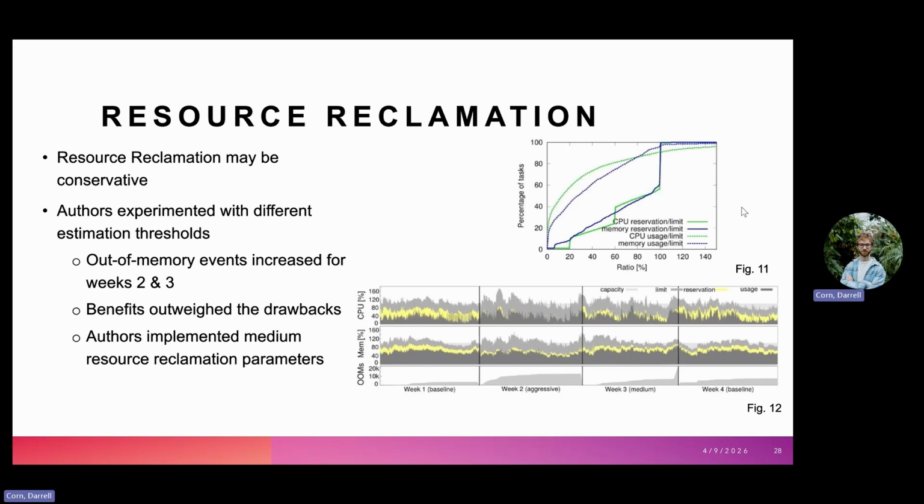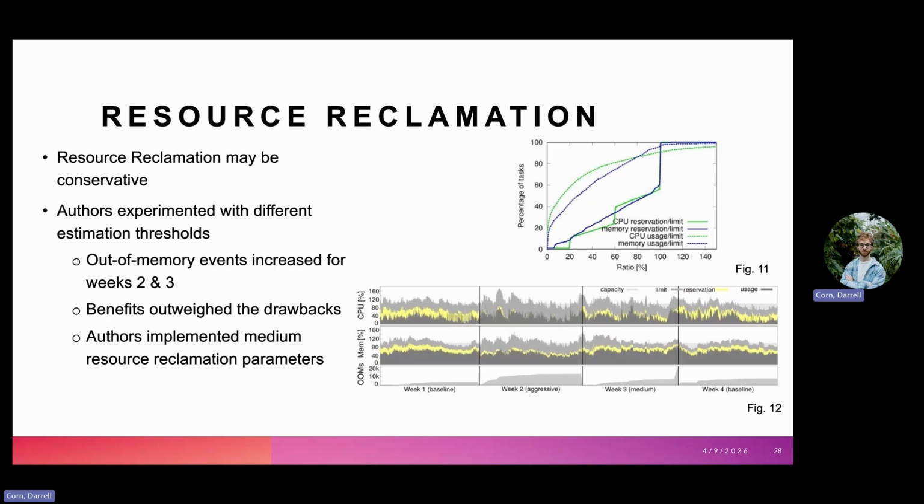And since figure 11 is exposing just how conservative Borg is, the authors decided to test some more liberal thresholds for resource reclamation. They changed the thresholds in live production cells, and they tested two different configurations, aggressive and medium. Medium is a compromise between the baseline and the aggressive threshold. We can see the results here in figure 12.